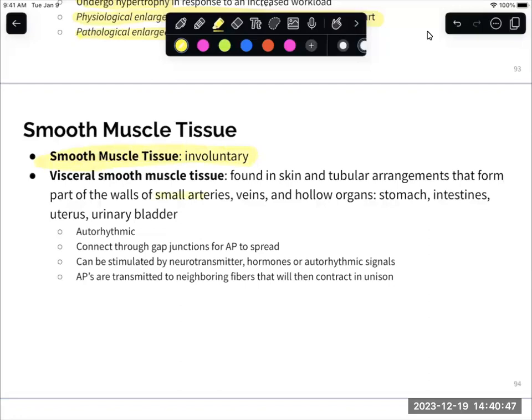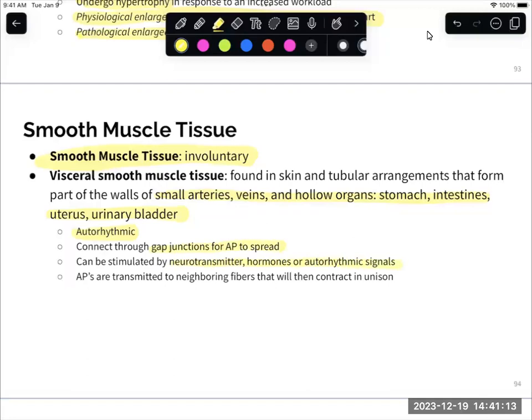It's also found in arteries and veins, the stomach, the intestines, the uterus, urinary bladder. It is also autorhythmic, meaning it can contract on its own. It does have gap junctions to spread action potentials. It can be stimulated by neurotransmitters, hormones, or its own autorhythmic signals.